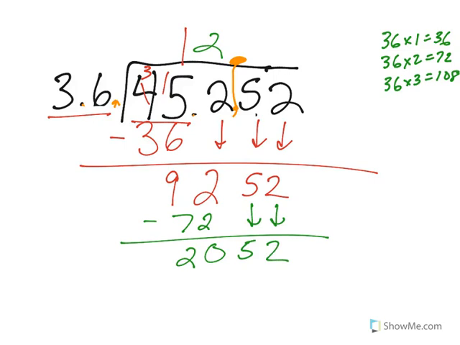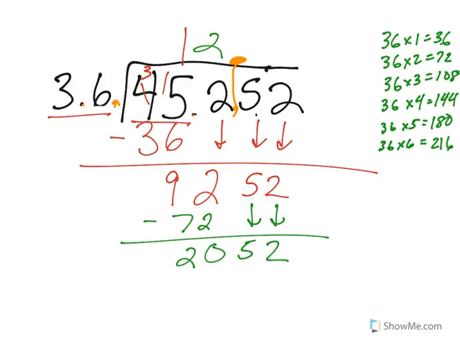So now I'm looking at 36 into 205. Well, maybe I keep going. 36 times 4 is 144, and then 36 times 5 is 180, and 36 times 6 would be 216, too big.